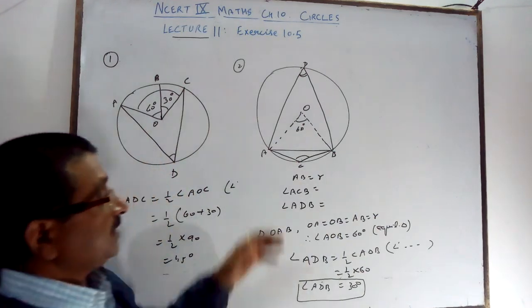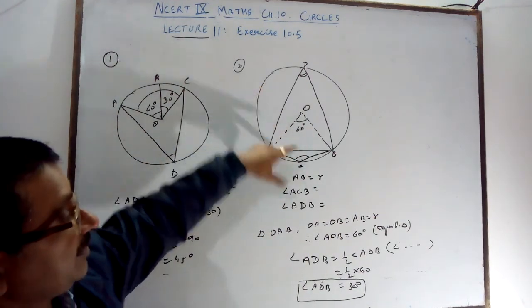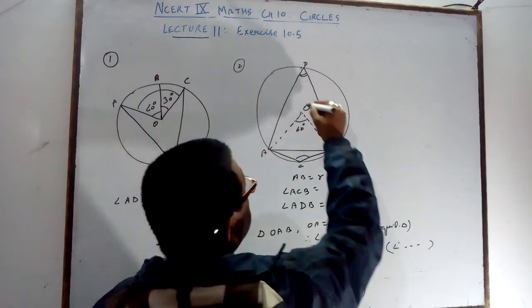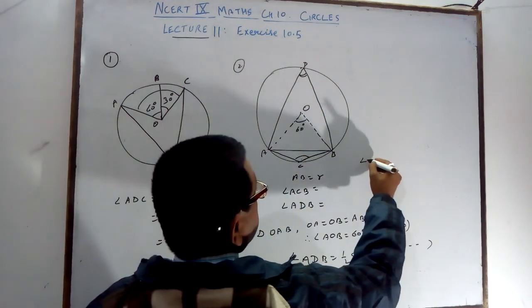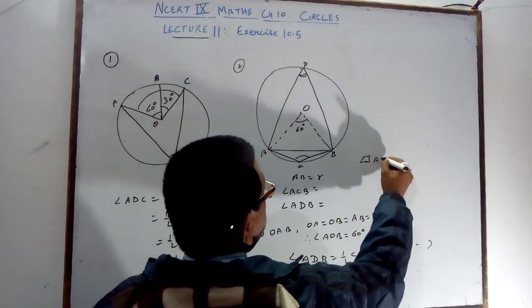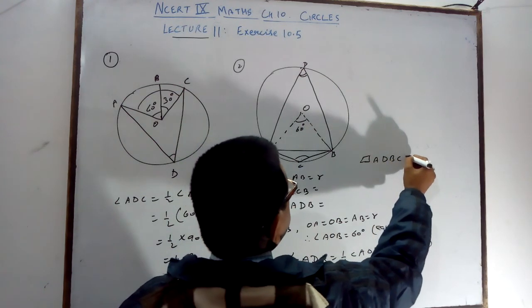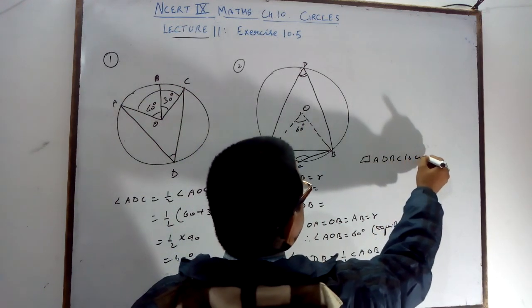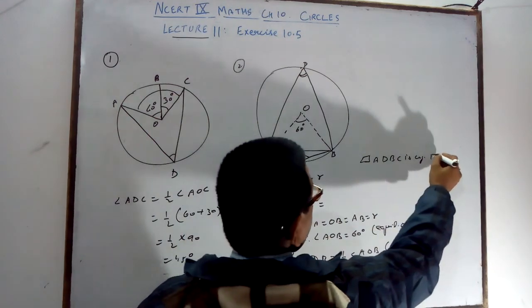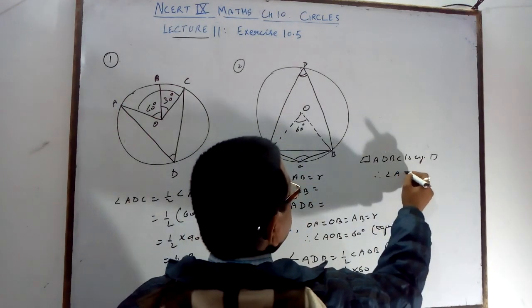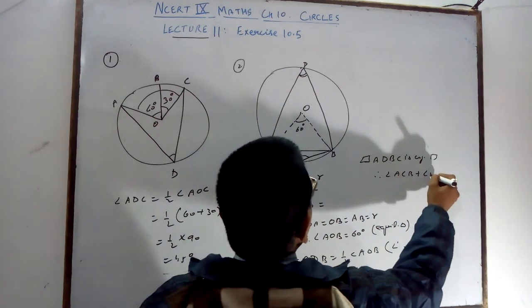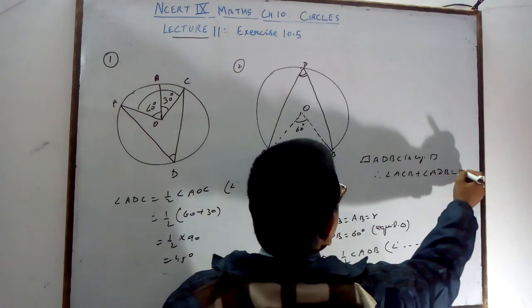And you can apply this by cyclic quadrilateral. ADBC is cyclic like this. Therefore angle ACB plus angle ADB will be 180 degrees.